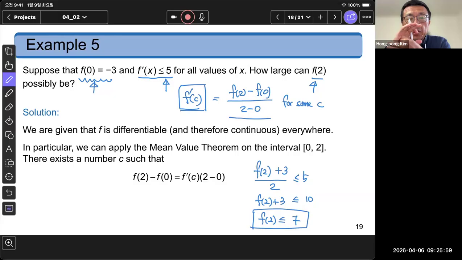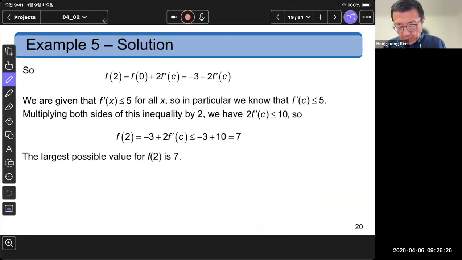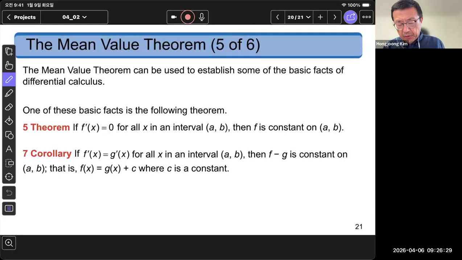Thirdly, we can find the largest possible or the smallest possible value of a function at a certain point. So these three are some common examples of the mean value theorem. And I already explained this.